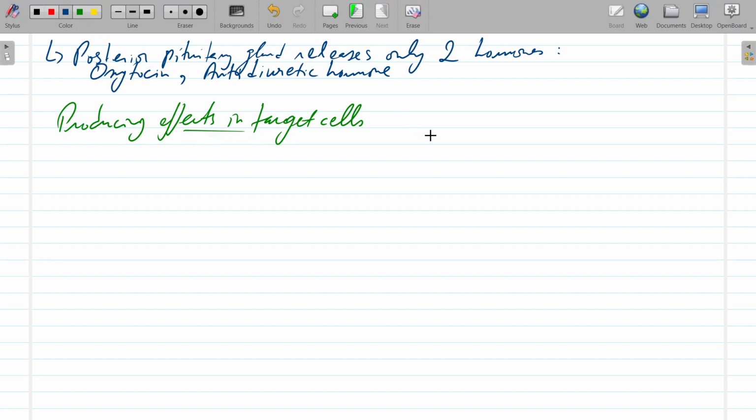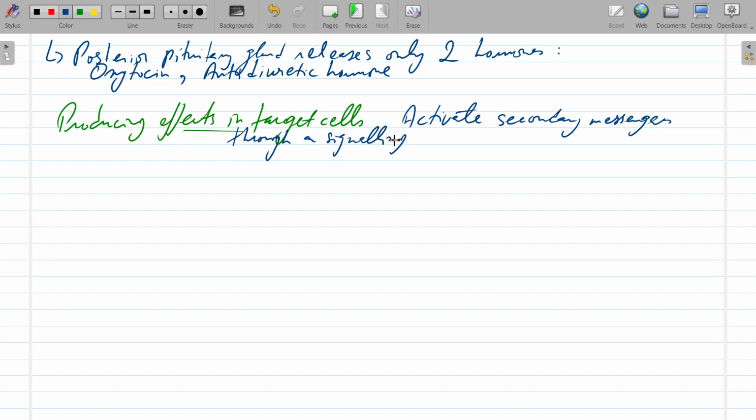Now, in general, what hormones do is they activate secondary messengers through a signaling cascade. A signaling cascade basically means a series of chemical reactions activating different proteins in the cell.